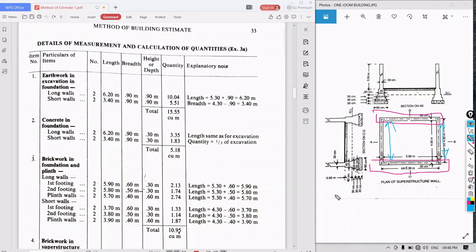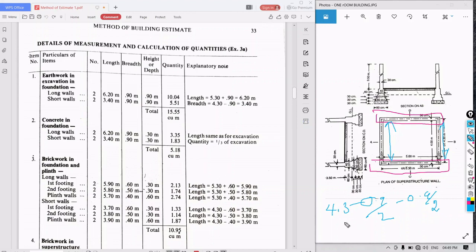So what is that? We need to know the short wall length, that is 4.3. This is the short wall length. We have already added the width of the foundation in the long wall. So here we are subtracting the width of the foundation, that is 0.9 by 2 minus 0.9 by 2. This is the major change.